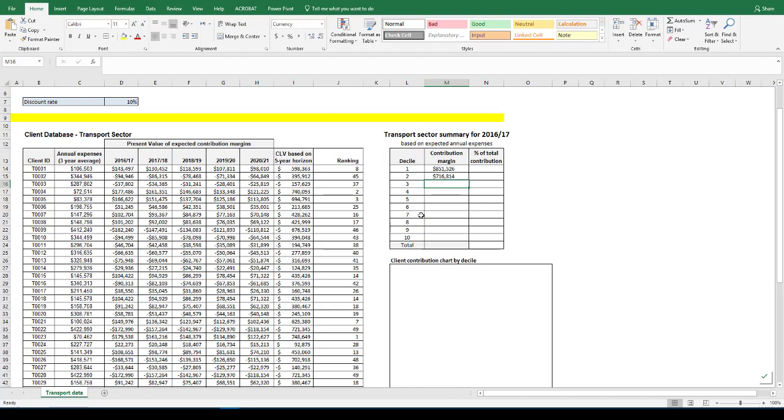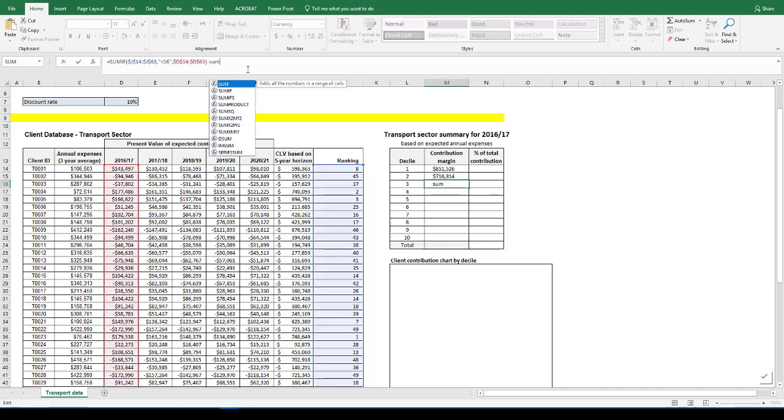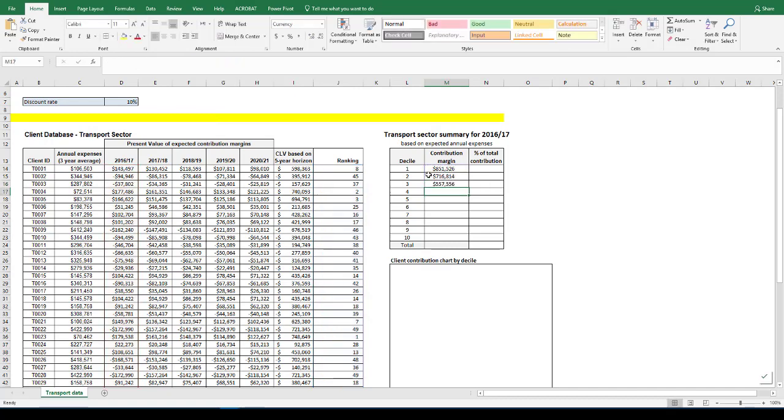And same process for the rest of the cells. So for the third decile, I will use the same formula. This time, instead of 11, I will use 16. And then I will remove the contribution margin of the previous 2 deciles. So minus sum of these 2 previous deciles.